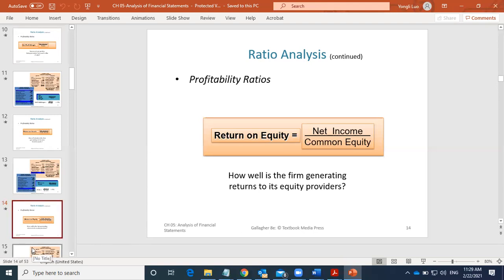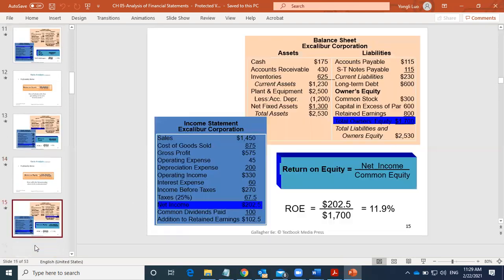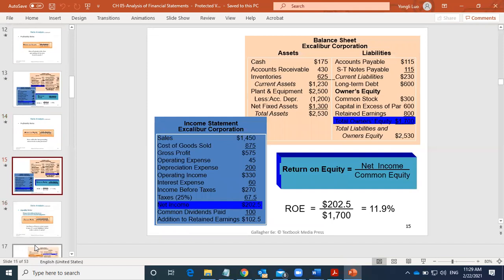Later on, we're going to talk about the DuPont analysis, where we figure out the source of the company's profit. So in the modified DuPont equation, the left-hand side is return on equity. Return on equity is your net income divided by the total owners' equity, shareholders' equity.